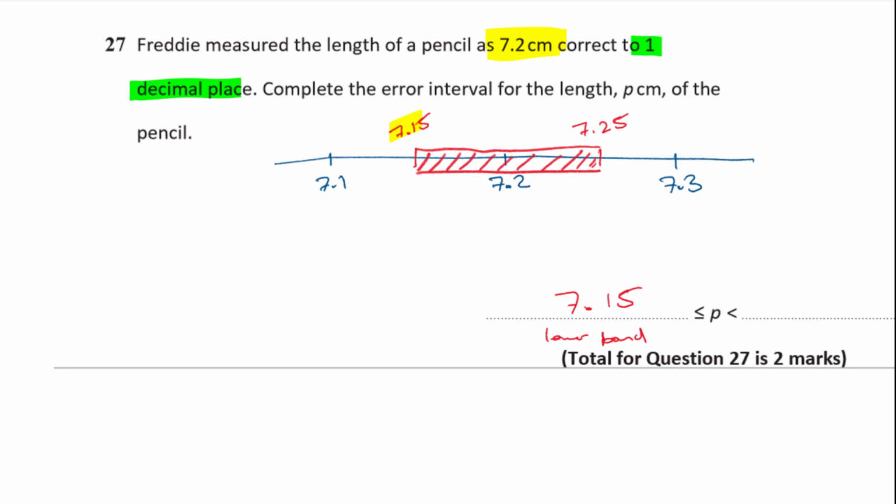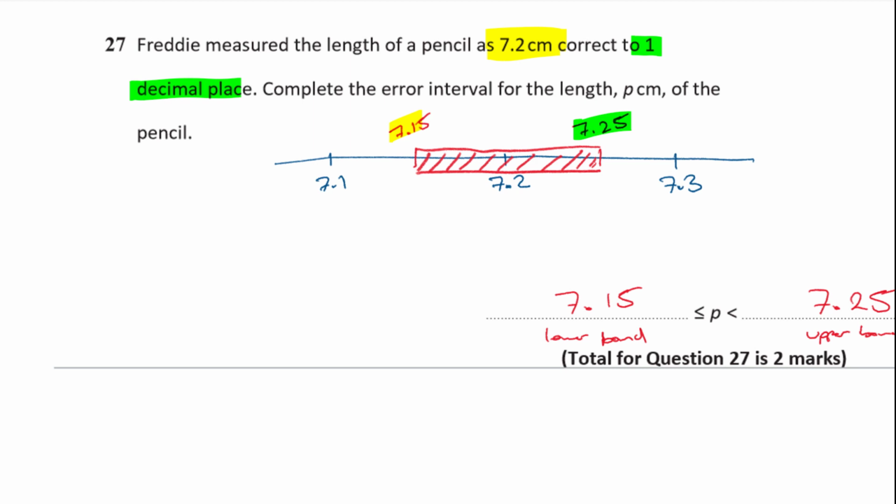And then the other number on the other side is what we call the upper bound, which is this one up here, 7.25, and that's what goes on the other side. That's my error interval. P must lie between 7.15 and 7.25.